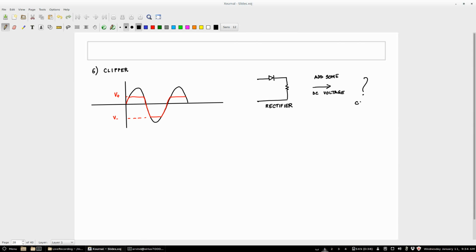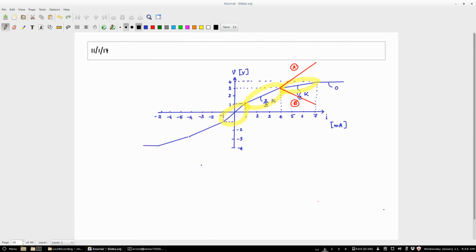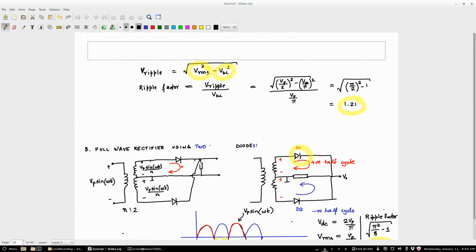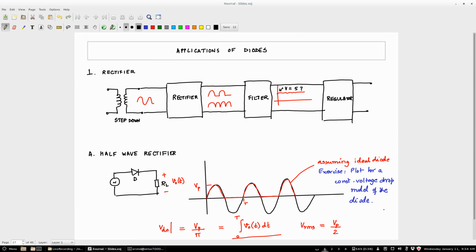You have to do something. You have to add some voltage basically. You have to add some DC voltage. Think about it. Okay, we'll put a tutorial and give you the clipper.